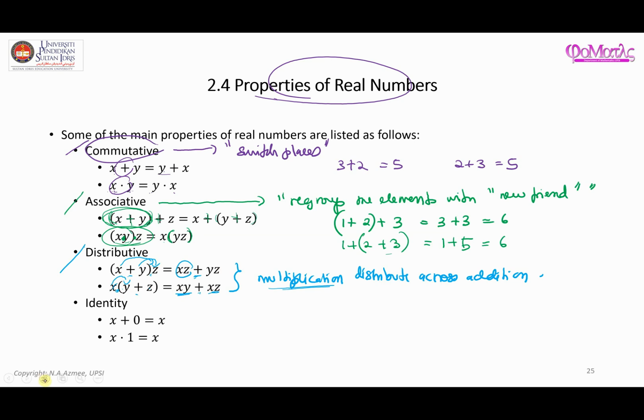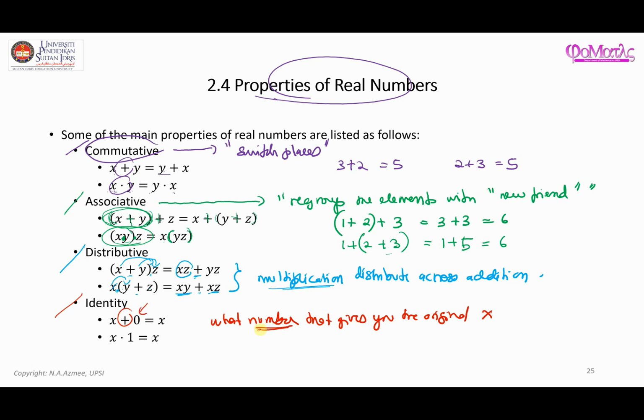Alright, now let's talk about the idea of identity. So basically, when you talk about identity, you are looking to find what number, such that when you do the process, you will get back the original x. So under the addition process, you have the number 0.